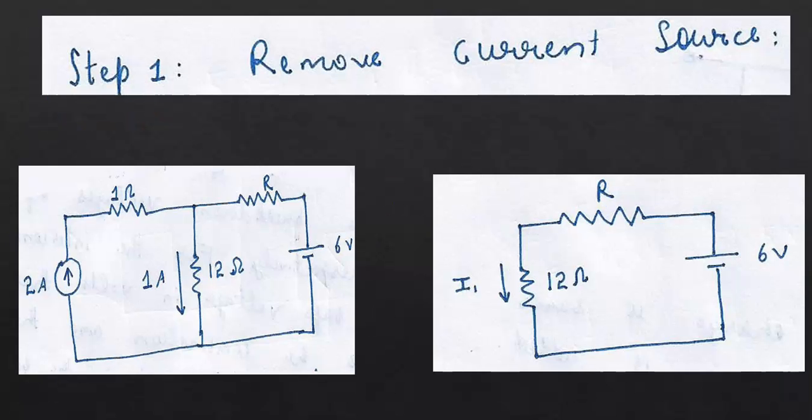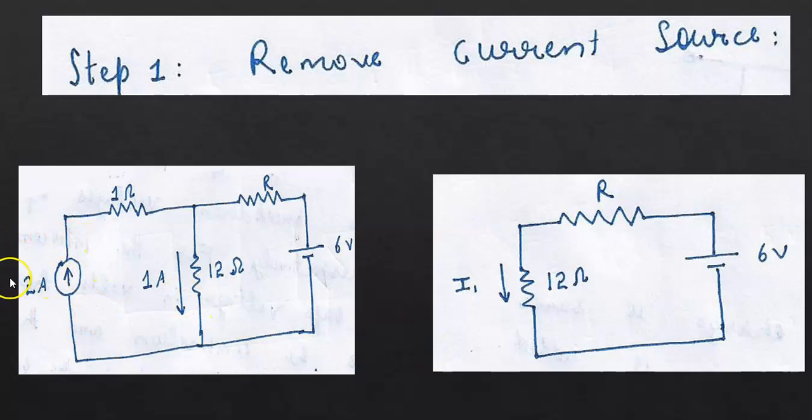In this problem, we will first remove the 2 ampere source and solve for current in the branch with 12 ohm resistance. Then we will remove the 6 volt source and again solve for current in the branch with 12 ohm resistance. Adding these two currents will be equal to 1 ampere. Solving that, we will get the value of R.